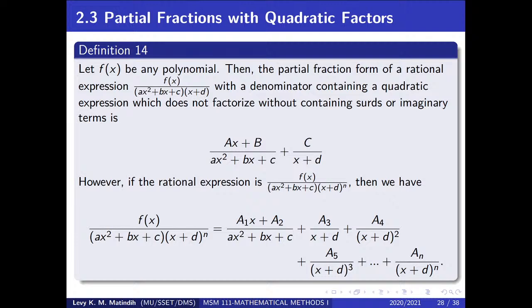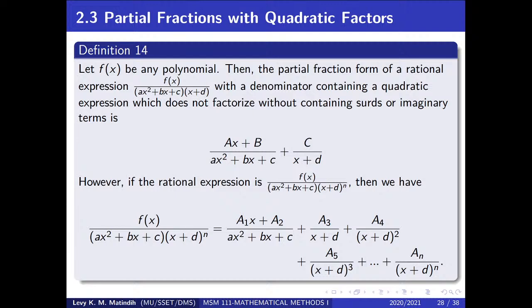If we have a combination of a quadratic factor which is non-factorizable, and in the denominator there is also a factor which is repeating, or it can even be non-repeating, then we get f(x) divided by (ax² + bx + c), which is non-factorizable, multiplied by (x + d)^n.